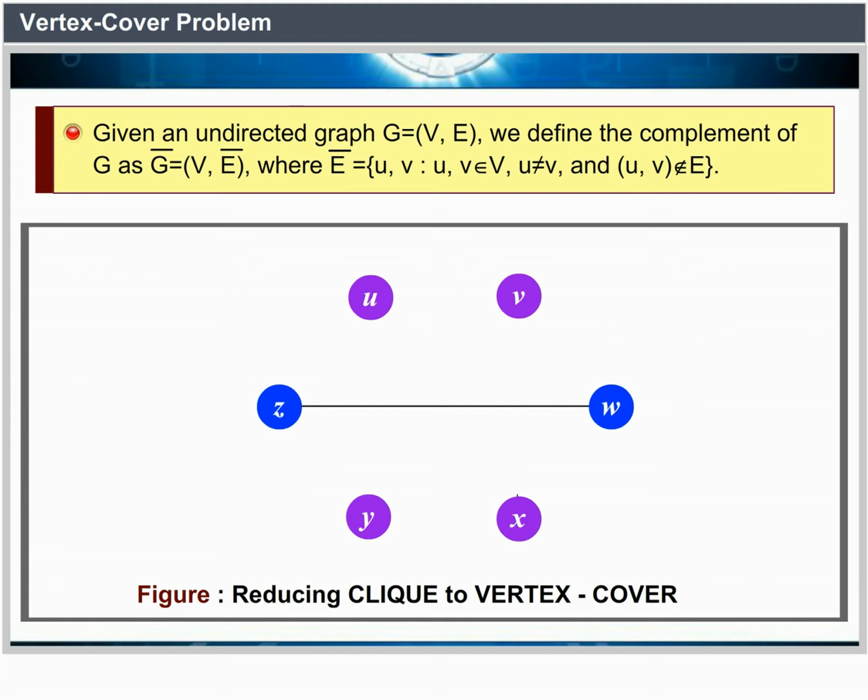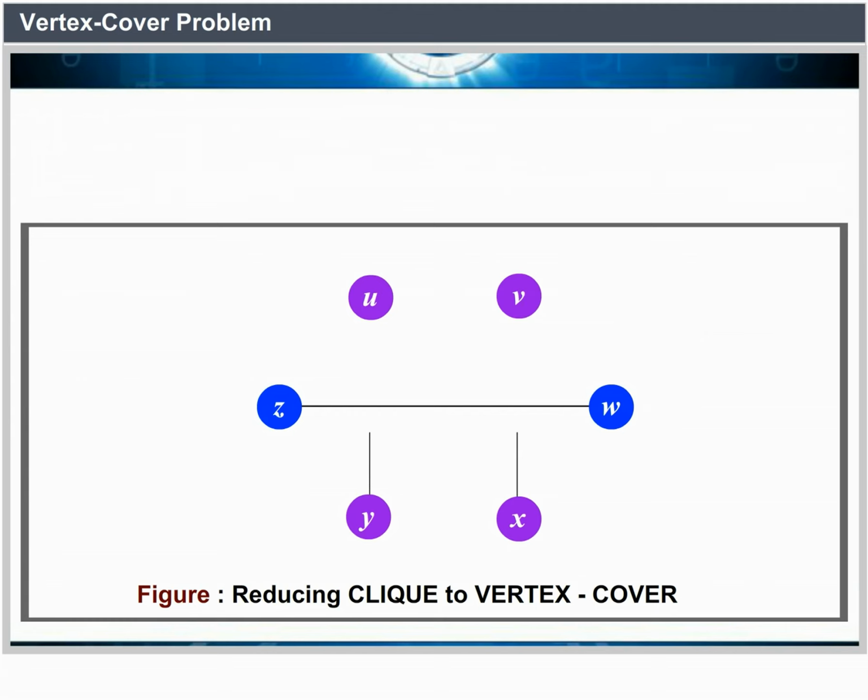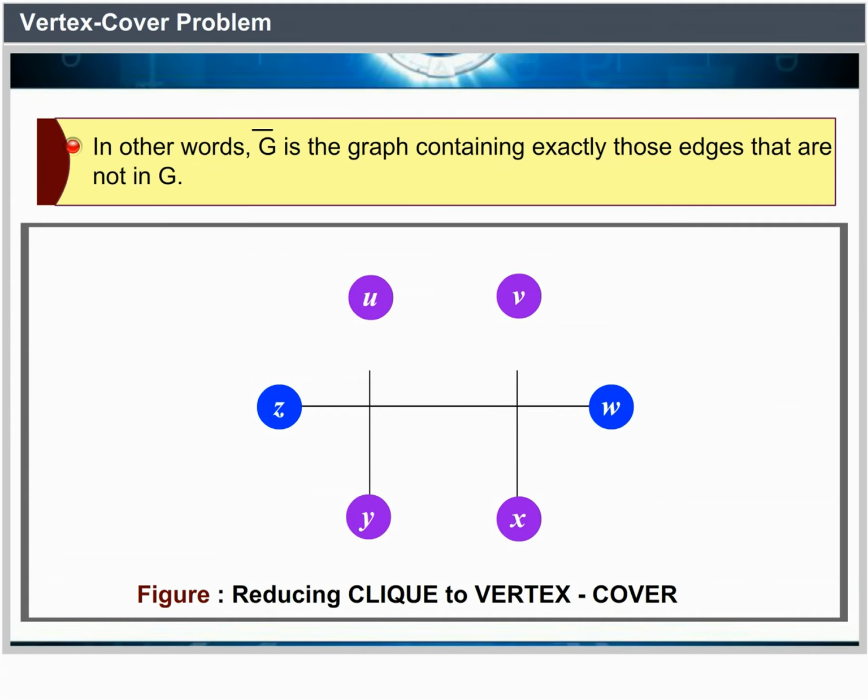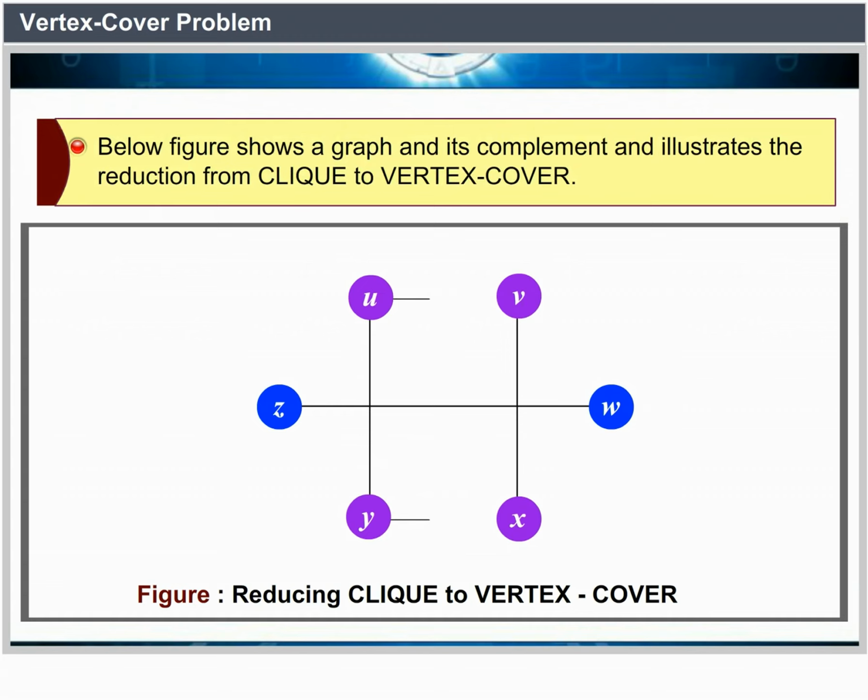In other words, G bar is the graph containing exactly those edges that are not in G. The below figure shows a graph and its complement and illustrates the reduction from clique to vertex cover.